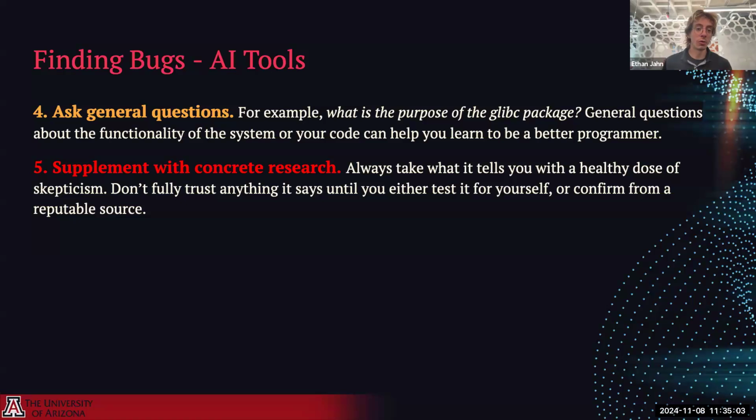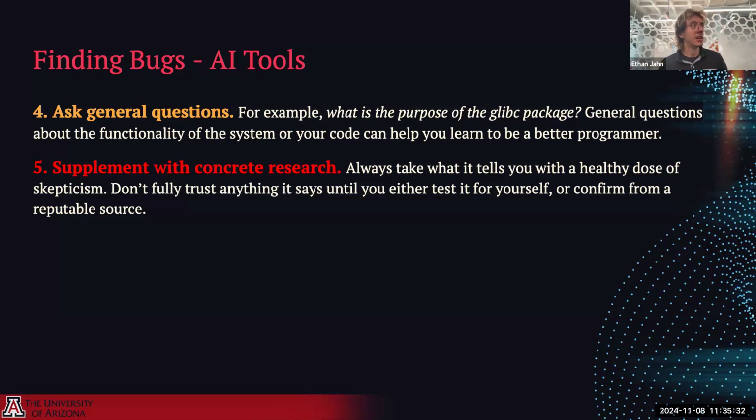So ask it these general questions, but make sure to be skeptical. Make sure to do your own research to back up what it says. This is very important. Seriously, I'm telling you ways of using the AI tools now, but it is so, so, so important to not take their word for anything at all.